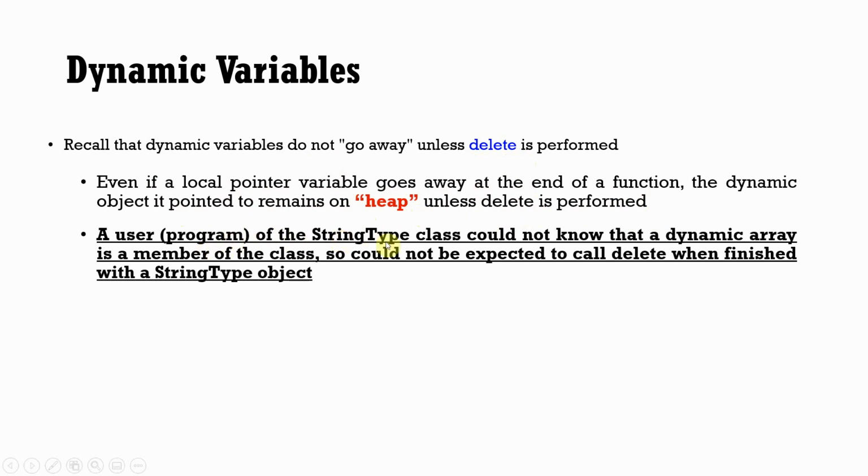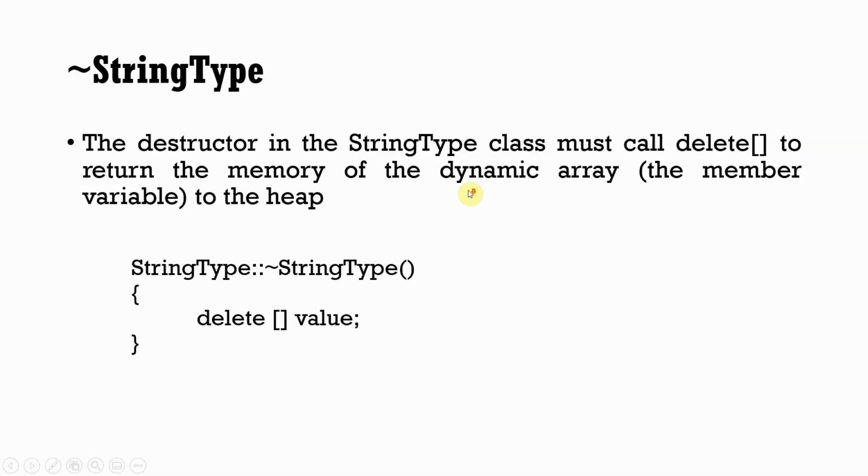A user of a certain kind of class could not know that a dynamic array is a member of the class, so could not be expected to call delete when finished with a string type object. So that's why, if we have dynamic variables, we need to define our own destructor so that it takes care of these dynamic variables, deallocates them, and gets rid of them.